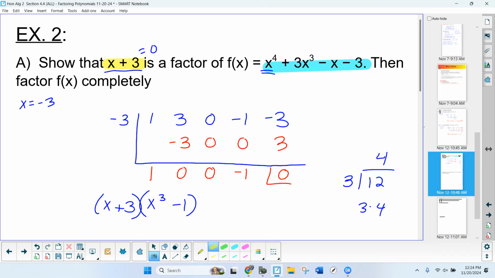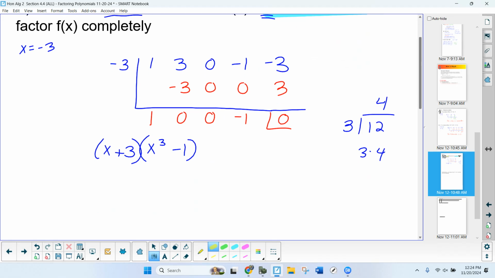Okay, now can I keep factoring? Now it says then factor completely. Okay, what's left is a difference of squares, not squares. Difference of what? Cubes. This is x and 1. So I'm going to bring down the x plus 3. I'm going to use SOAP: same, opposite, always positive.